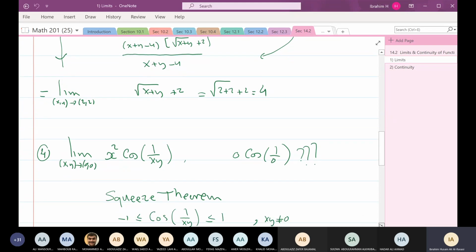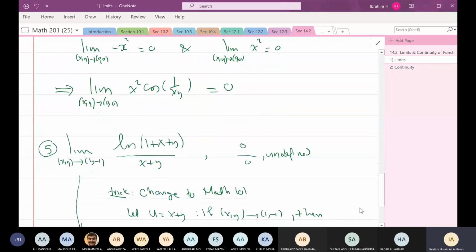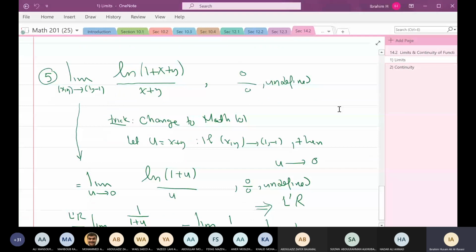If not, the last one, the trick: make sure if there is a common quantity in the numerator and the denominator, then we can solve it by changing to a function of one variable. Then we can use L'Hopital's rule. If you can change a function of 2 variables or 3 variables to a function in 1 variable, when there is a common quantity in the numerator and denominator, I can use L'Hopital's rule.